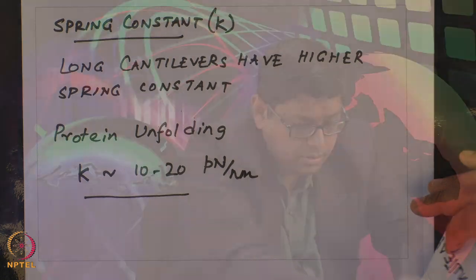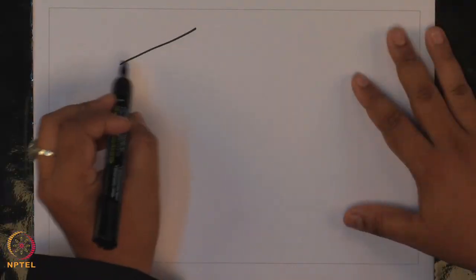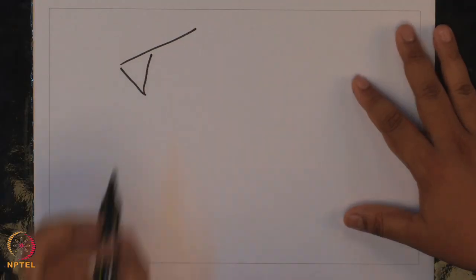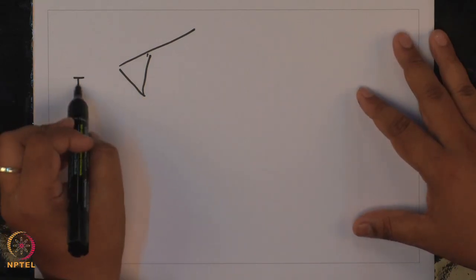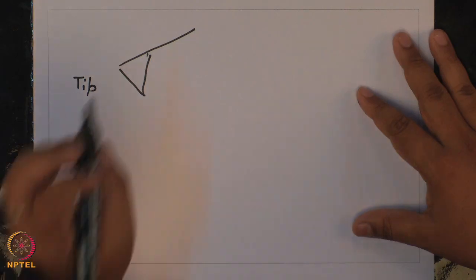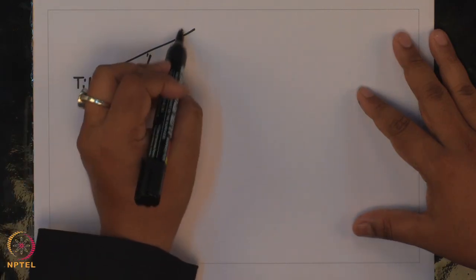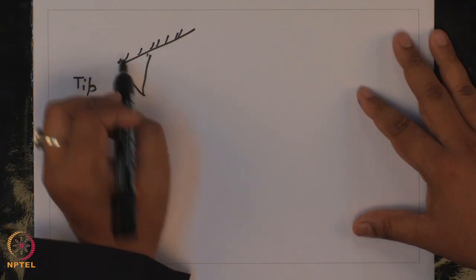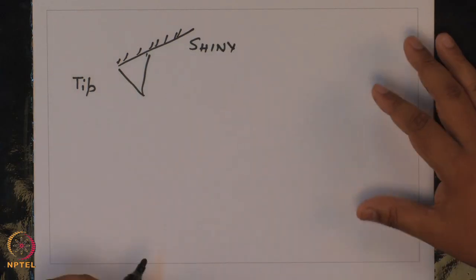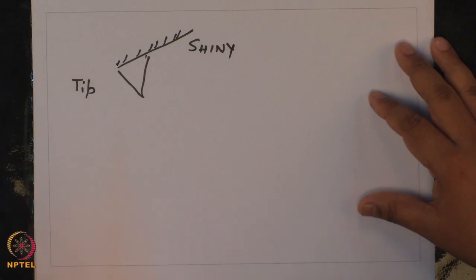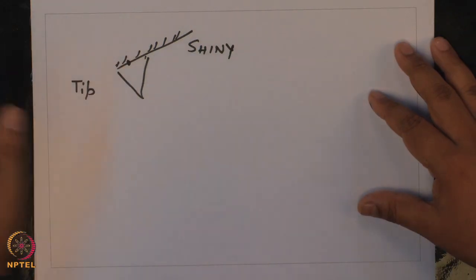Now, let us see how the cantilever operates. You have this AFM tip, and what is done is that the back side of this is shiny. So, you have a laser which focuses at this point.